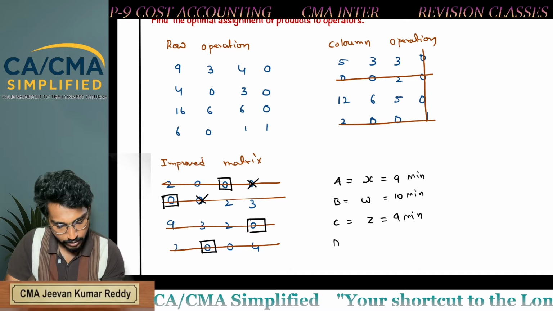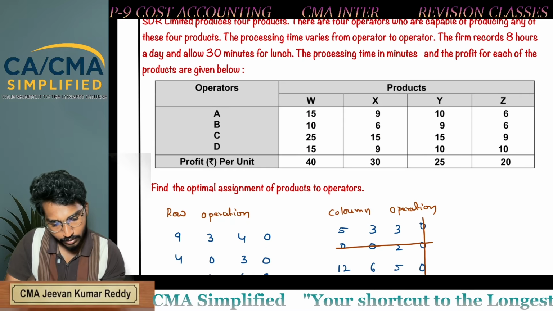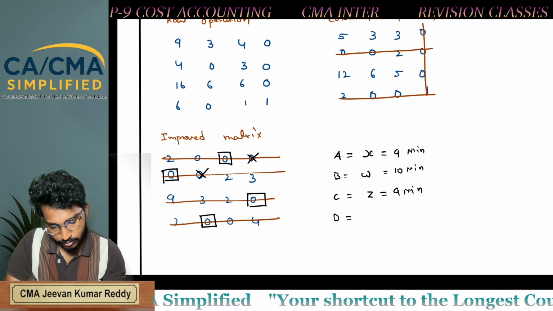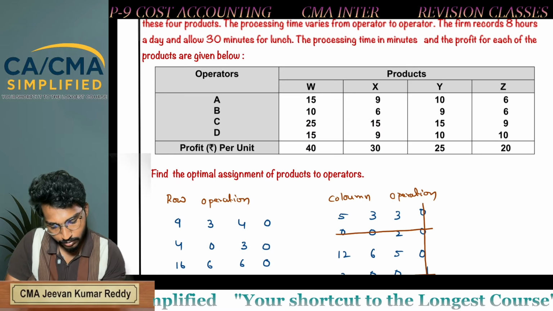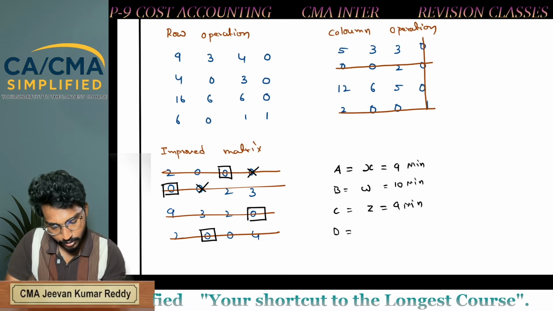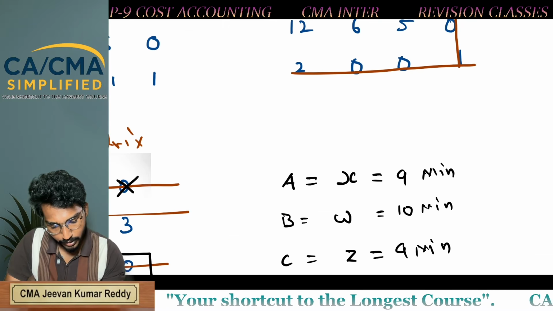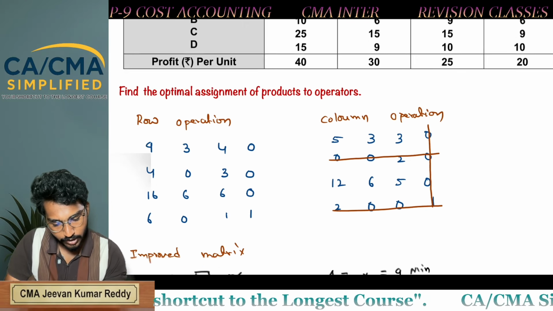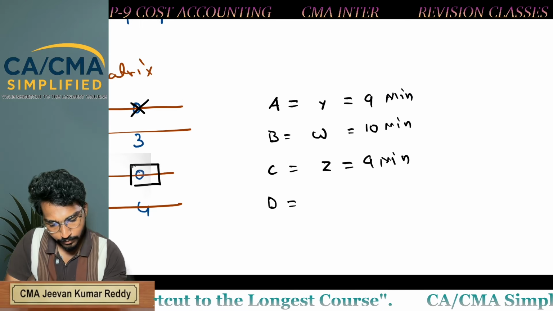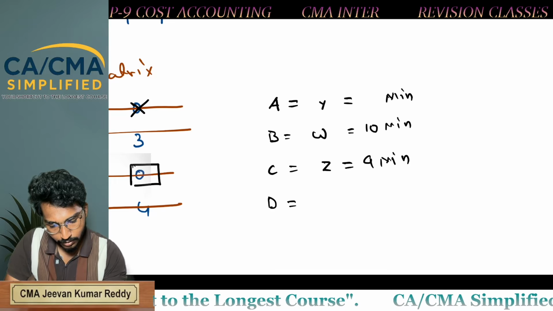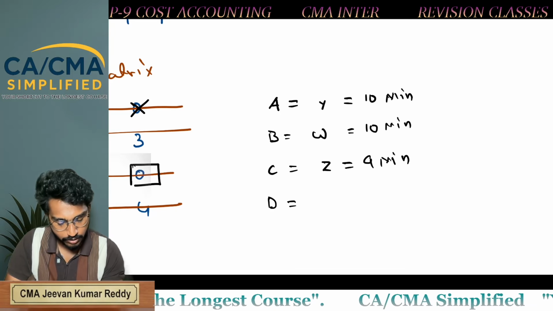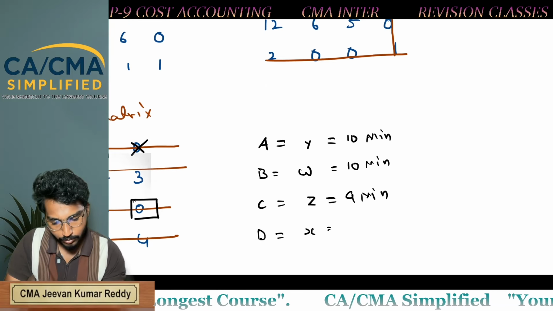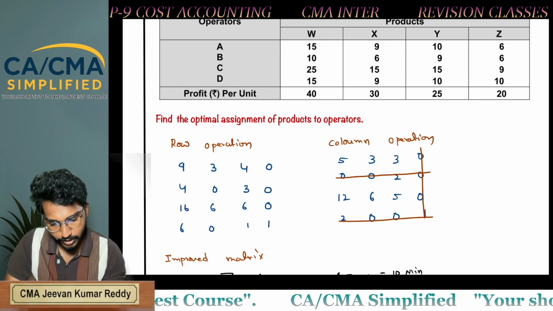Next, sorry, A is assigned to Y, not X. How many minutes? 10 minutes. Next D is assigned to X. How many minutes? 9 minutes.